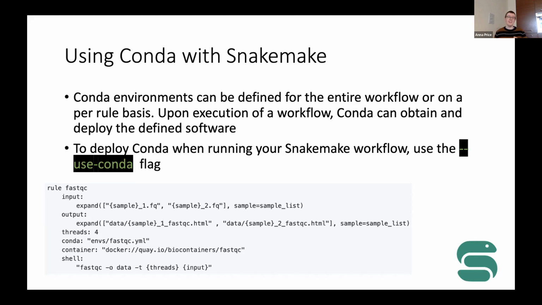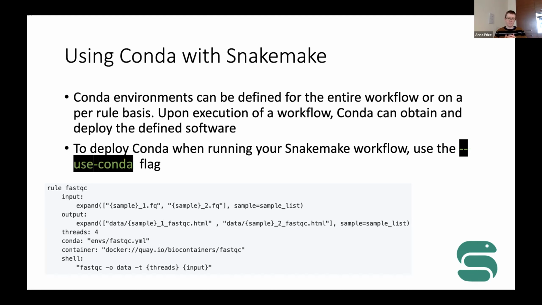I would advise that you define Conda on a per rule basis rather than for your entire workflow. Again, because as we've discussed previously, a large Conda environment can have problems, as it's got different software with different requirements. So you've got two software packages that need different versions of Python and so on and so forth. You can end up with conflicts.